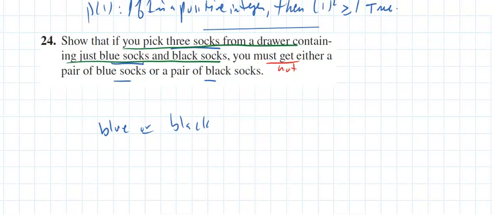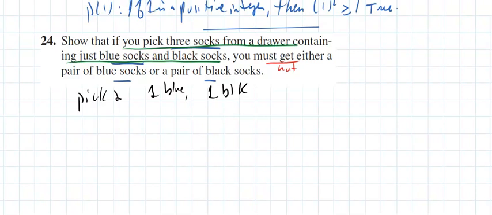Well, let's see. Then if I pick 2, and let's say I get 1 blue and 1 black, so I only have 1 of each. When I pick the third, well, isn't that going to be a blue or black?